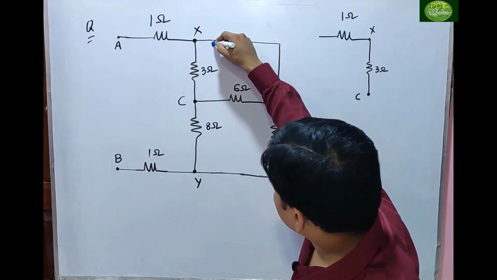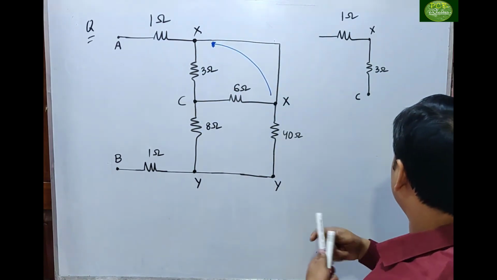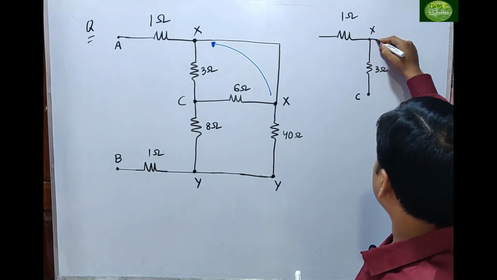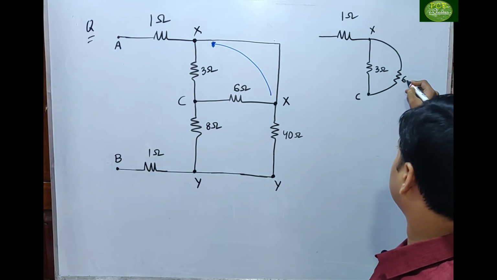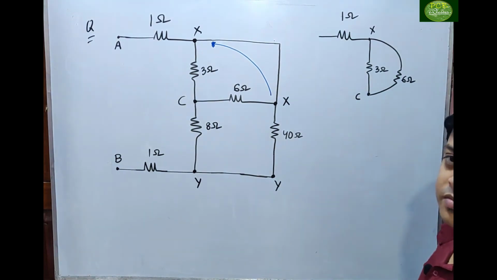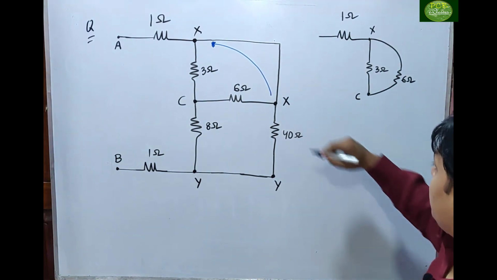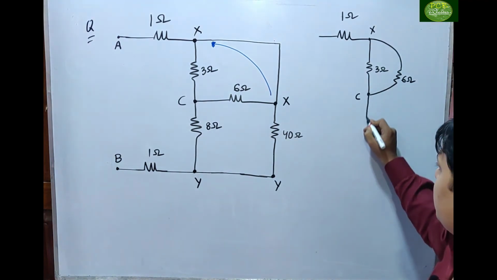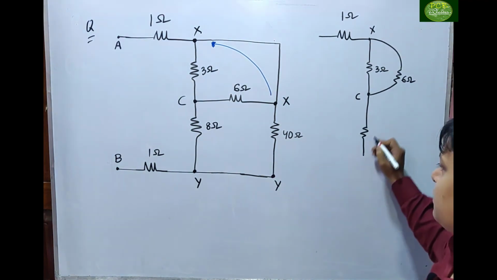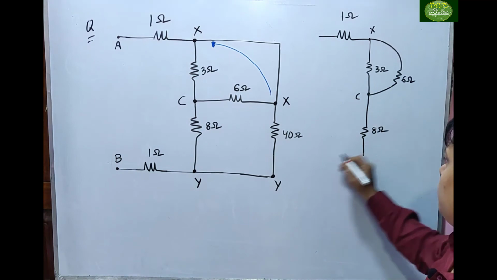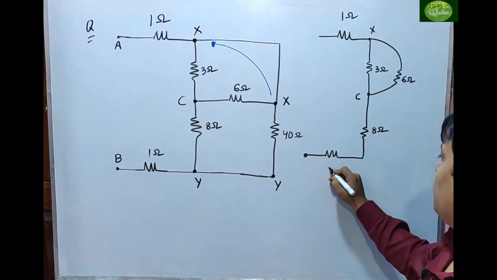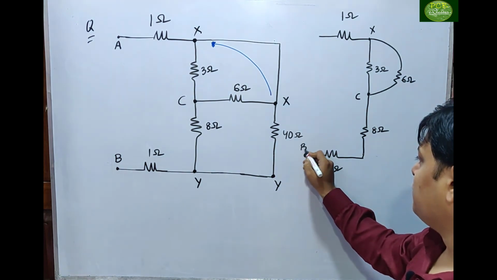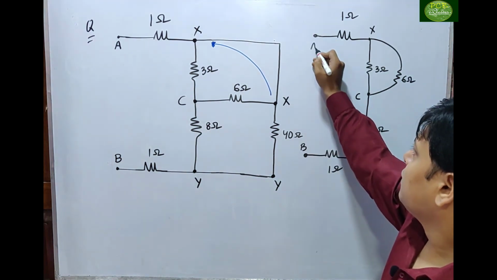So what I'll get here, if it is dragged, then I'll be getting this one as 6 ohm. Fine. Next, C to Y. This is a Y. So it is 8 ohm. 1 ohm is already present, which is the point as B. This is the point as A.